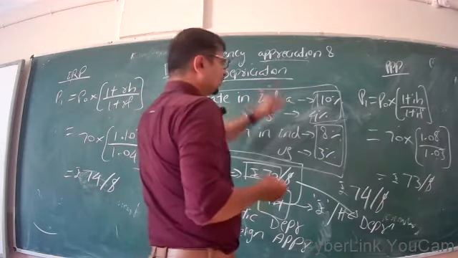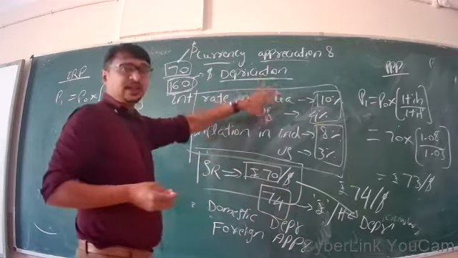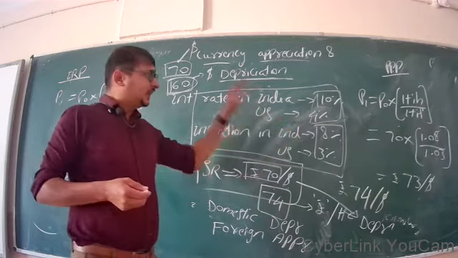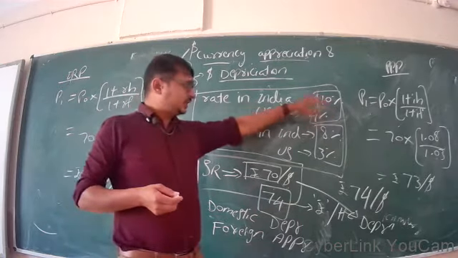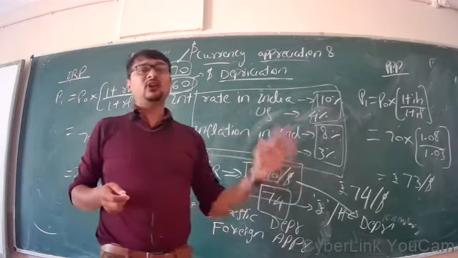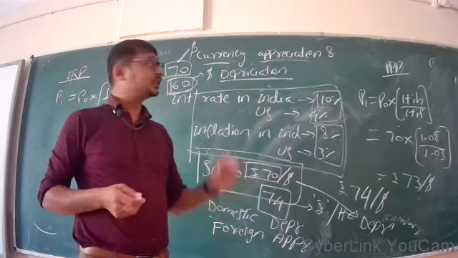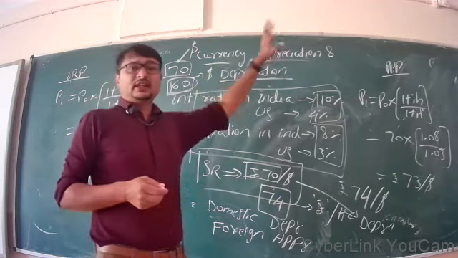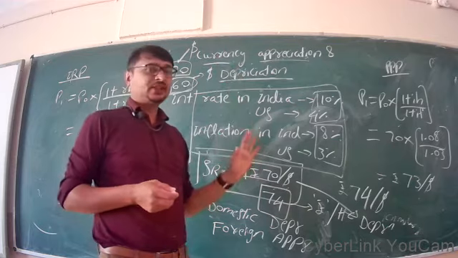When the domestic country's interest and inflation are greater than the foreign country's, the domestic currency will depreciate and the foreign currency will appreciate. That is what we are discussing in today's session: domestic and foreign currency appreciation and depreciation.